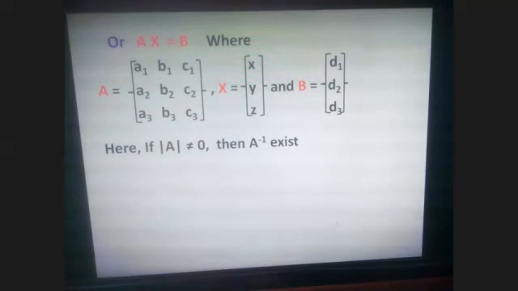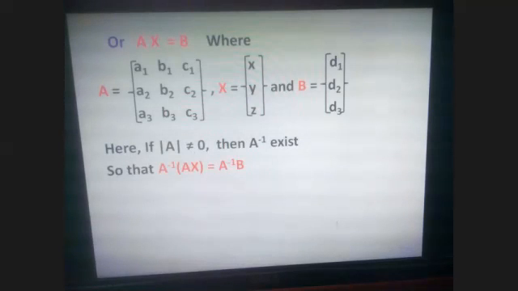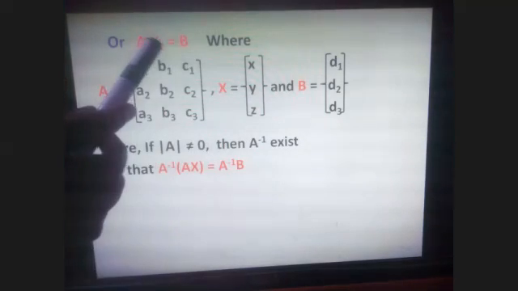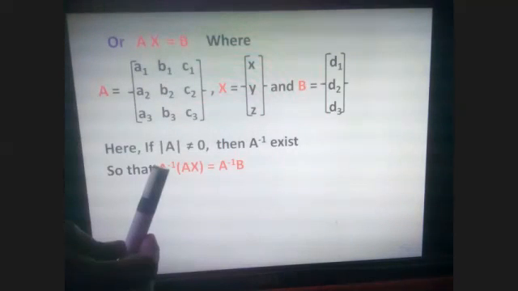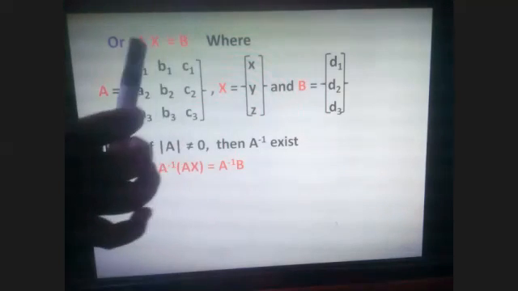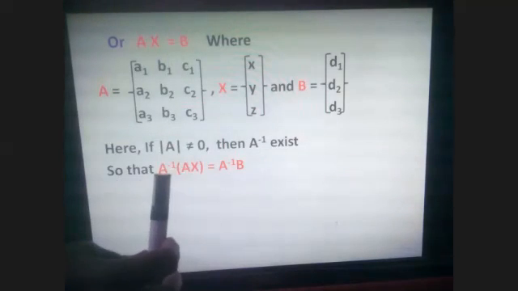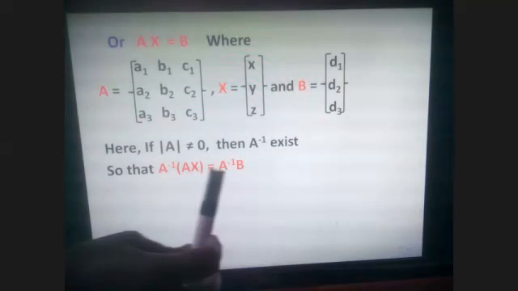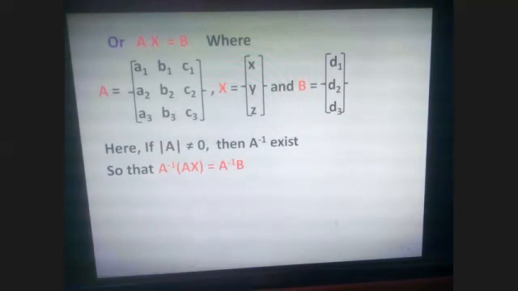If determinant A is not equal to 0, then A inverse exists. What is A inverse? We know what is A inverse. It is 1 by determinant A into adjoint. So here, AX equal to B, I am going to multiply with A inverse. AX equal to B, I multiply with A inverse, I get A inverse AX equal to A inverse B. What is A inverse AX?